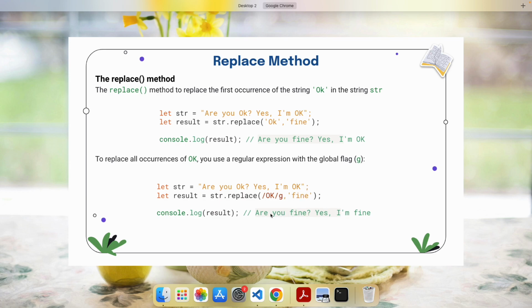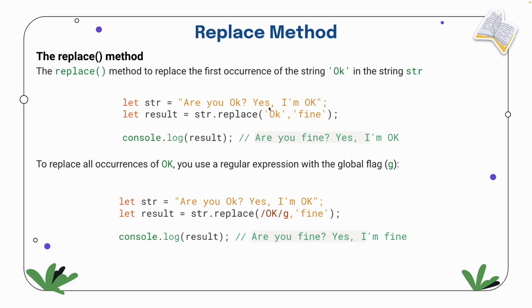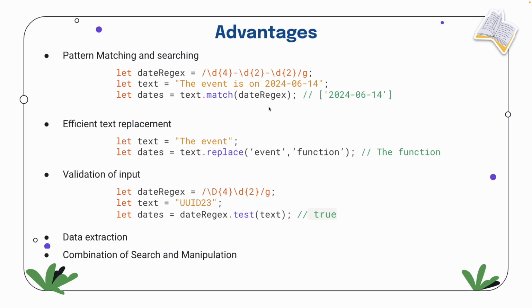Or, if you want to change only one place, you can write it with a specific symbol, then okay becomes fine, so it returns "are you fine", but the other okay will not change. So either this way or using global search, you can replace the data.